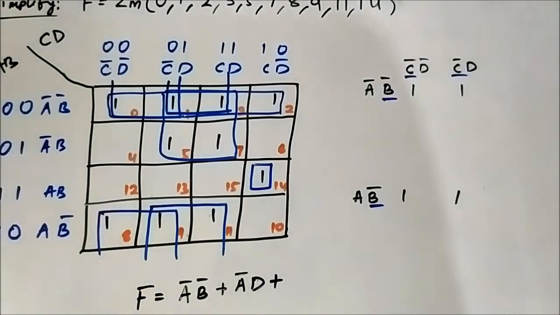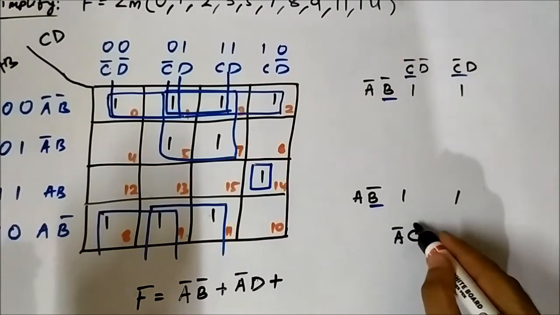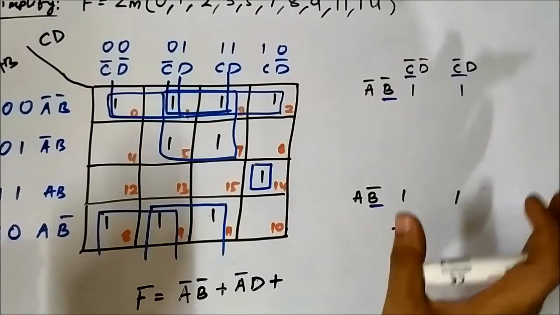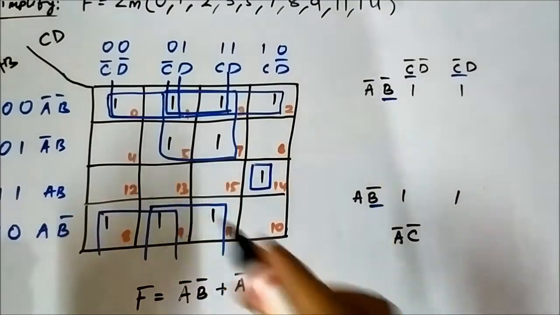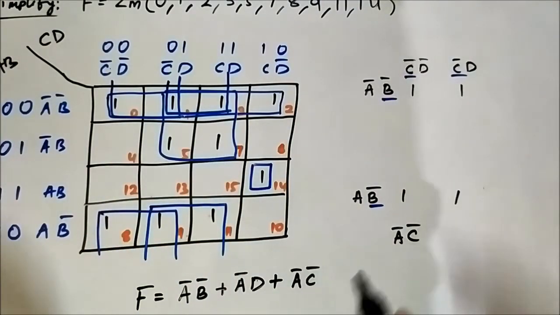So B bar C bar will be the common set of variables in this quad. So that will also be part of this simplified Boolean expression.